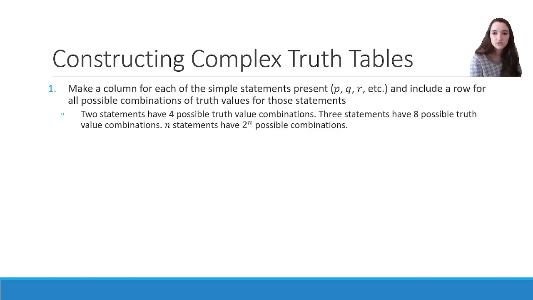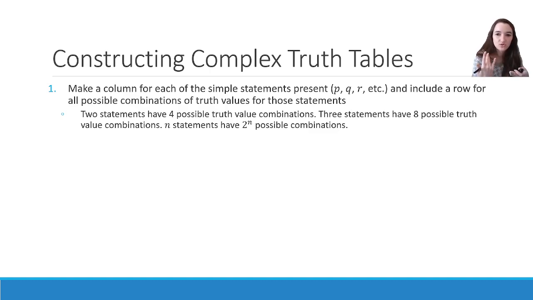So remember, the ones we've seen so far were when we just had P, we had 2 rows. When we have P and Q, we end up with 4 rows to get all combinations. And as I said before, if I had an R in there, so 3 statements, we end up with 8 rows. How am I getting these numbers? Well, essentially, it's just 2 to the n possible combinations.